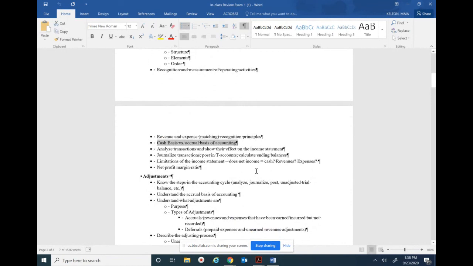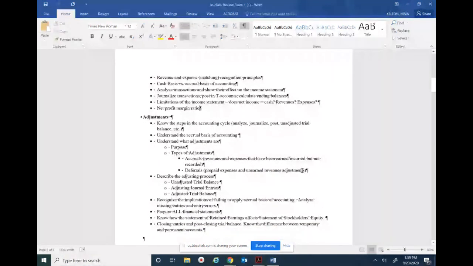So that's where we got familiar with the accrual basis of accounting and the revenue recognition and the expense recognition principle. In chapter 3, we also learn how to prepare adjustments. So you need to understand the accrual basis of accounting to be able to prepare adjustments.